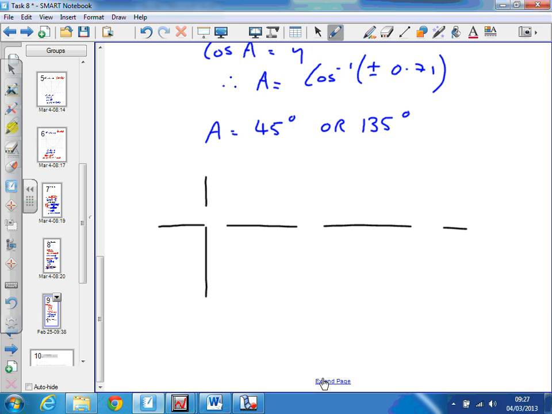So it starts at 1. It goes like that between 0 and 360 degrees. We've got plus or minus 0.7071. So we've got plus 0.7071 and minus 0.7071.